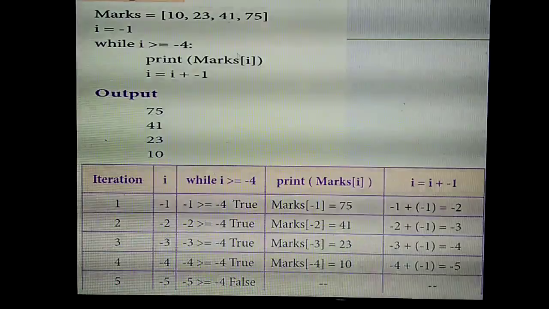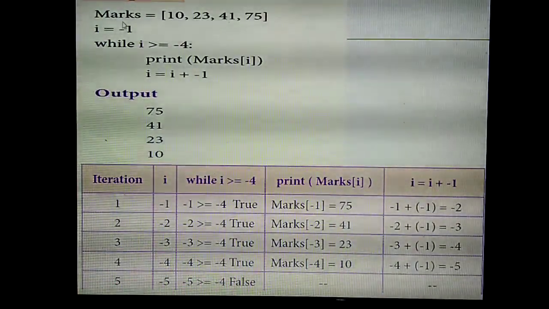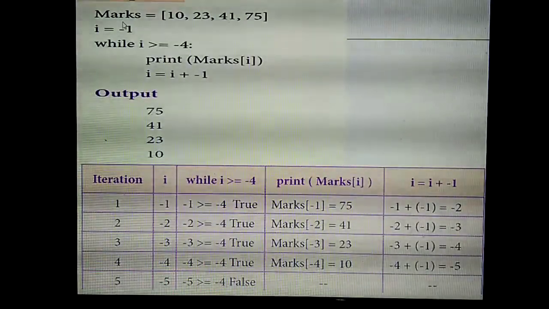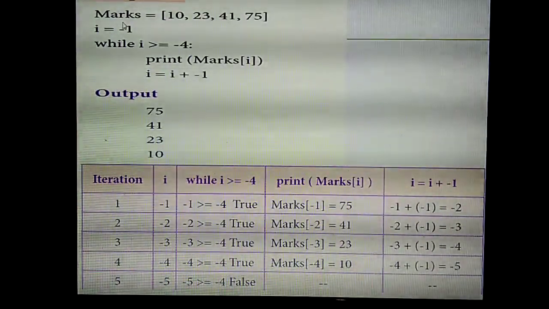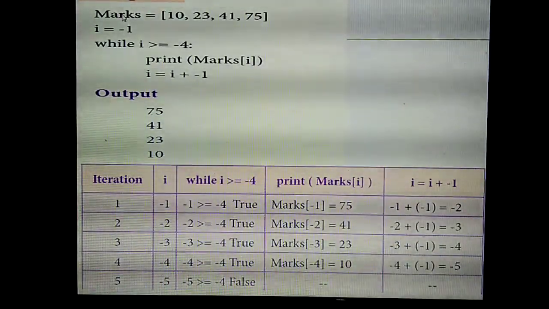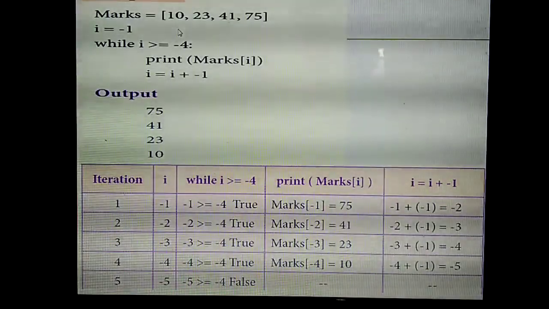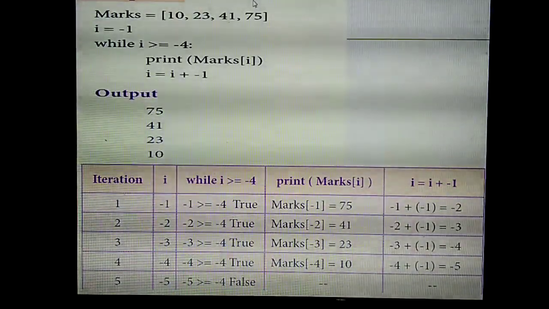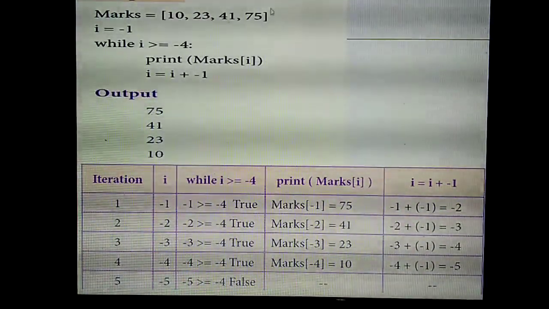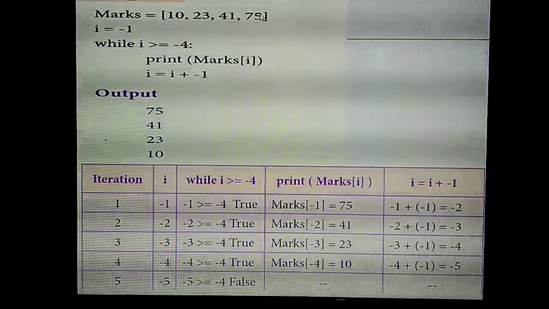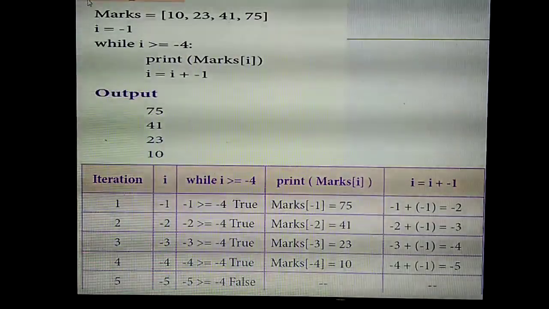See this example program. What's the name of the list here? Marks. This is the list variable. How many marks have you stored inside? 1, 2, 3, 4. So 4 values are stored inside the list called marks.